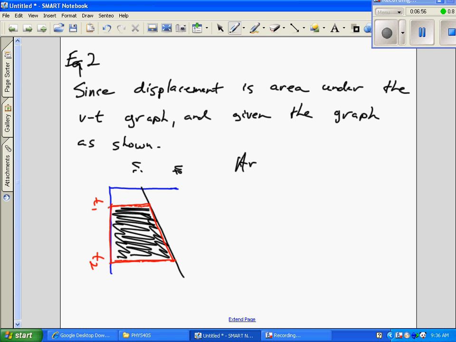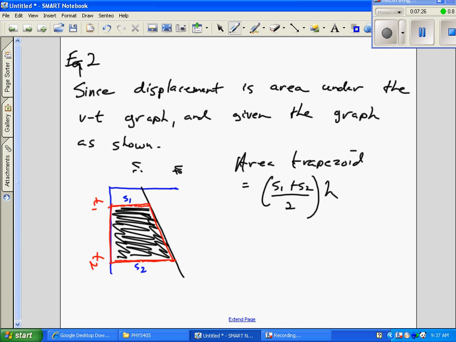The area of a trapezoid is side 1 plus side 2 divided by 2 times the height. Okay? And the sides are the parallel sides. This would be side 1, and this would be side 2.